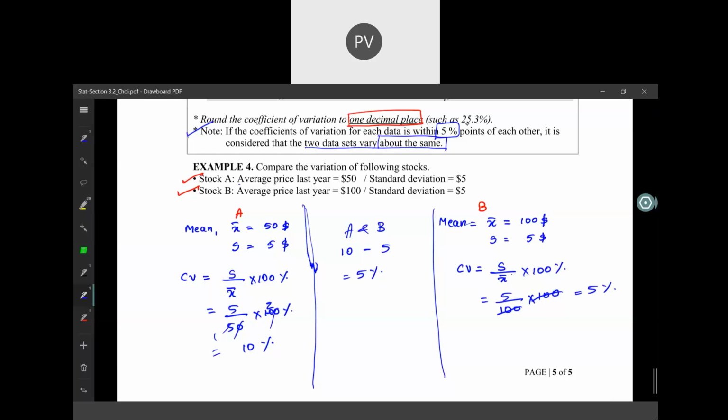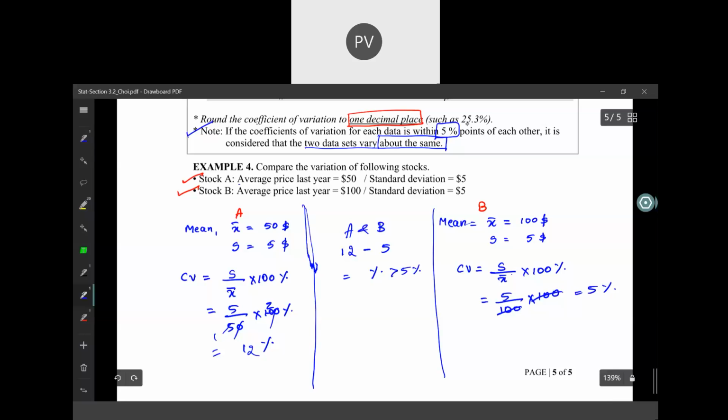For example, if you had 12% and 5%, 12 minus 5 is 7, then we say that it varies, because it is greater than 5 percentage points.